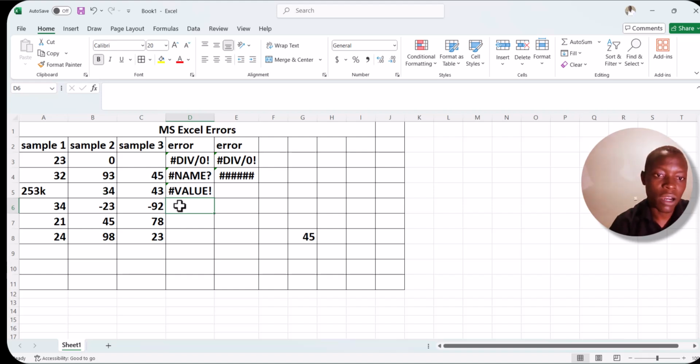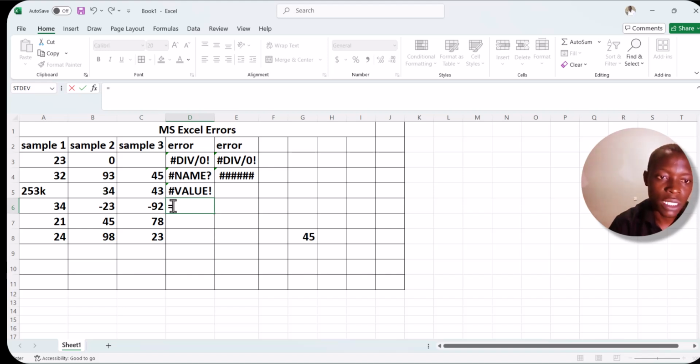So the other error we can look at is going to be #NUM. #NUM involves invalid numerical calculations. So when we put our equals, let's say this is a negative number, but we very well know that mathematically it is possible to get the square root of negative numbers.